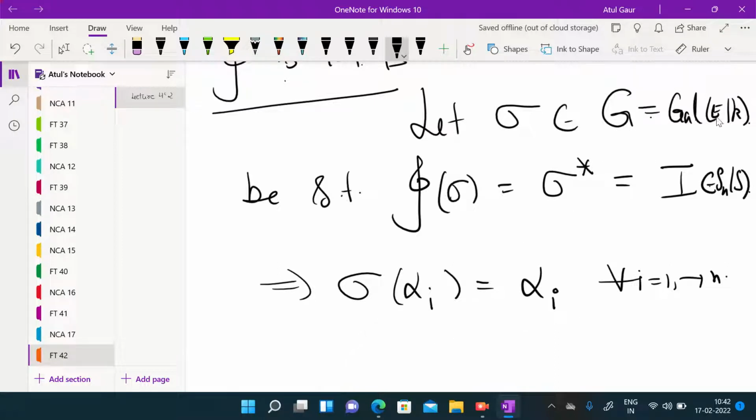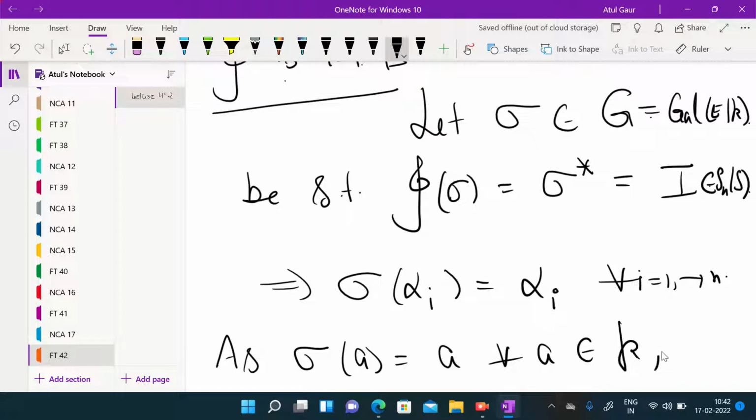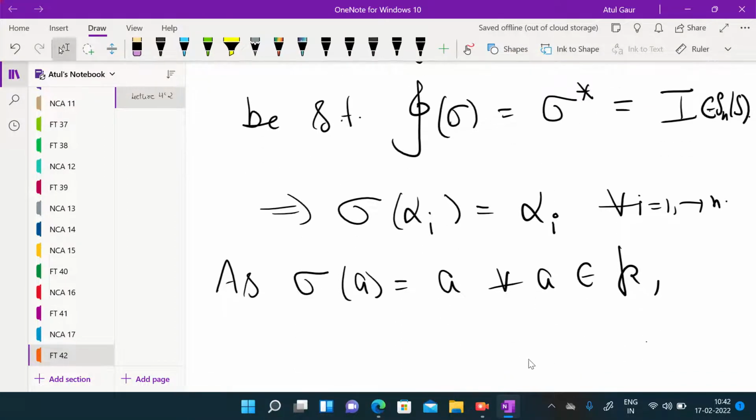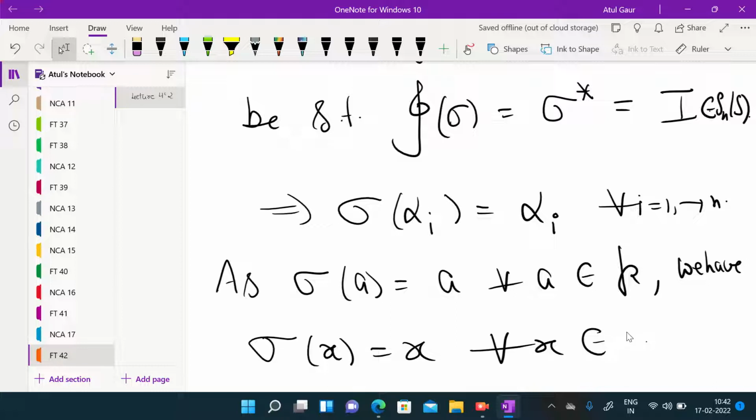And the point is sigma आ कहाँ से रहा है? K automorphism है E में. So that means sigma is already fixing the elements of K. Sigma of a is a for all a in K, और अल्फा आई को भी वो फिक्स कर रहा है, तो पूरा का पूरा E फिक्स कर देगा. Sigma of x equals x for all x in E, which is K(alpha 1, alpha 2, ..., alpha n), right?